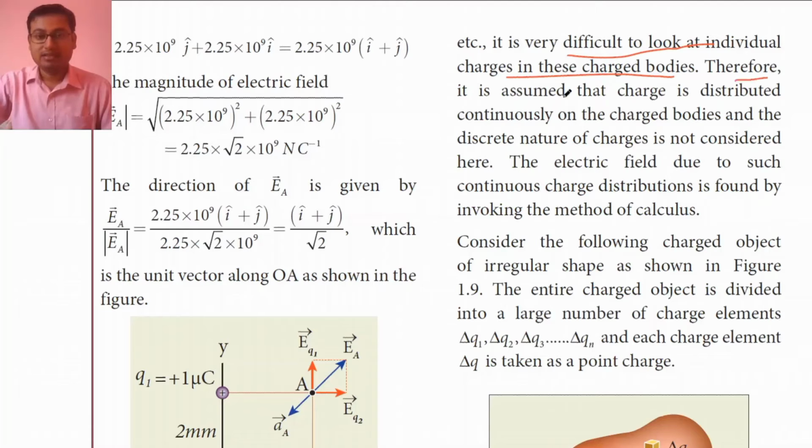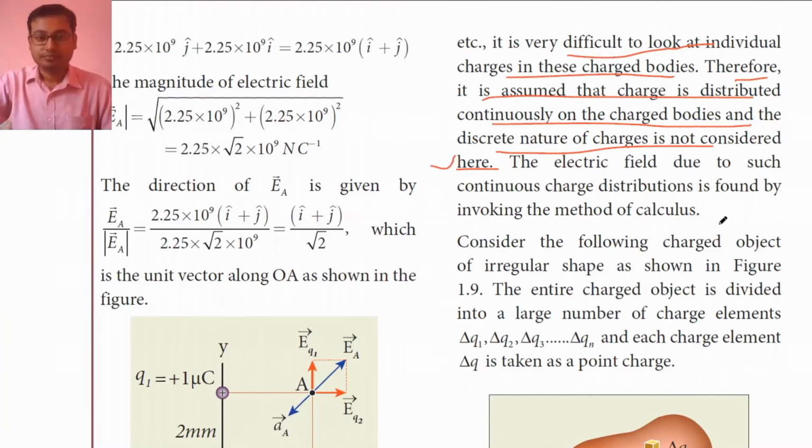Therefore, it is assumed that charge is distributed continuously on the charged bodies, and the discrete nature of charge is not considered here. That means we assume that the charges are equally spaced and continuously distributed on the surface of the sphere.